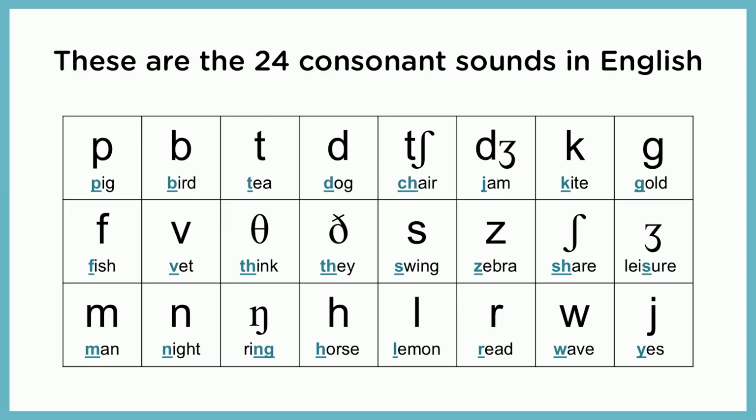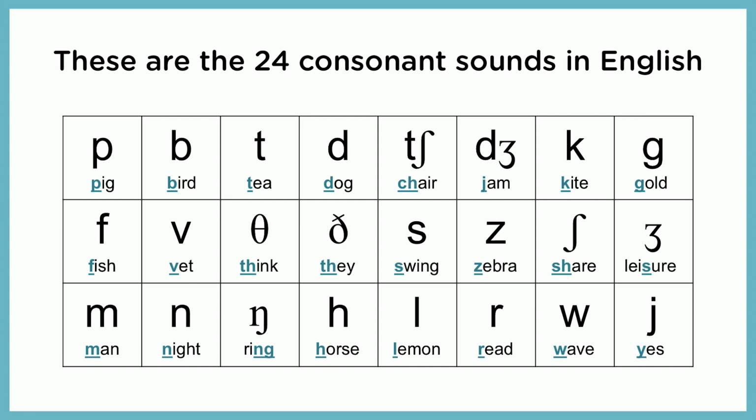So everybody, what we can see here is very similar to the vowel chart we saw a second ago. Here we have the consonant symbols in the phonemic chart, and under them we have the words they represent. The wonderful news for consonants is that most of the time they look exactly the same. For example, the P sound looks the same as the letter P. Same with D. But there are a couple of ones here that will look a bit different.